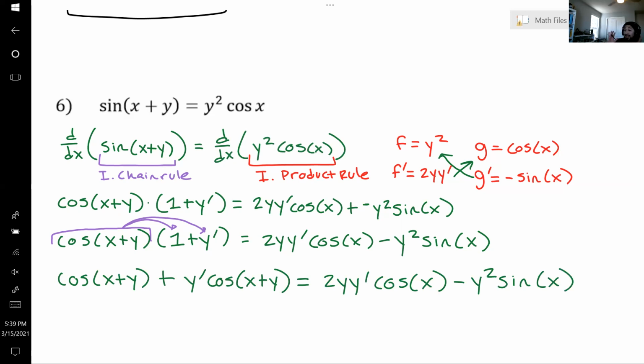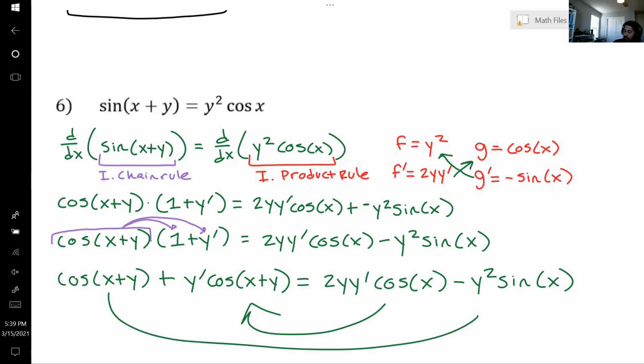Okay, and now all we have to do is put the y primes together. So I'm going to take 2y y prime, move it to the left, and I'm going to take cosine x plus y and move it to the right.